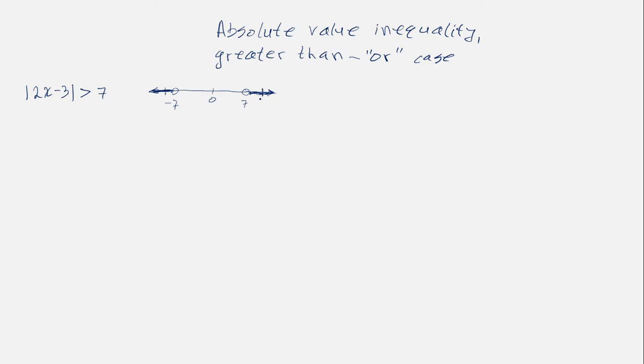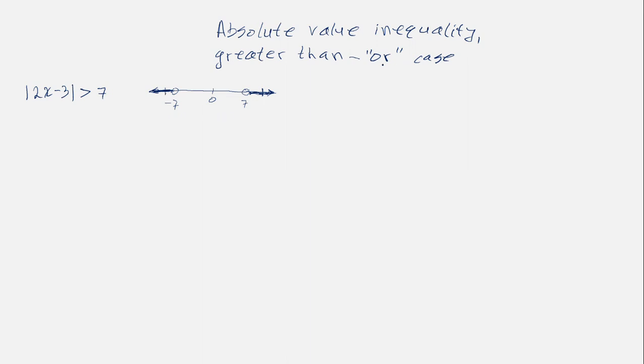Or if we look at this number, or any number in this region, this number is bigger than 7, but it is not at the same time smaller than 7. So that means we cannot have two solutions at the same time. This number is either on one side or the other. So there is no and situation.